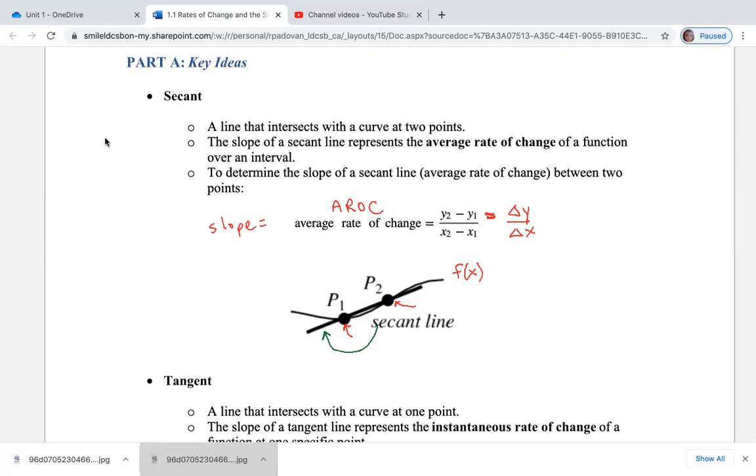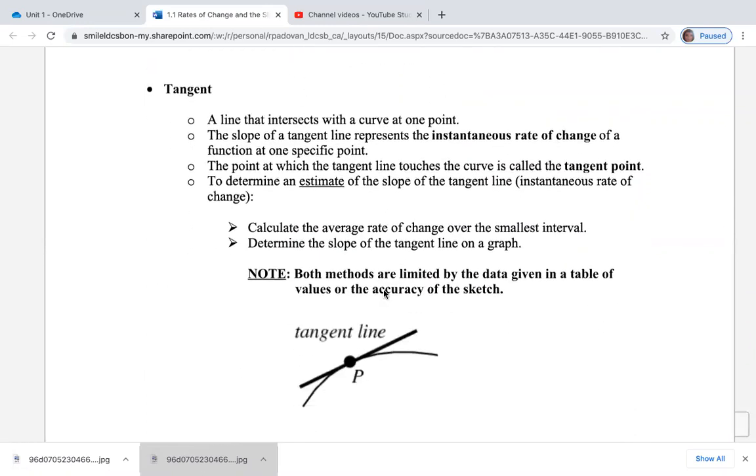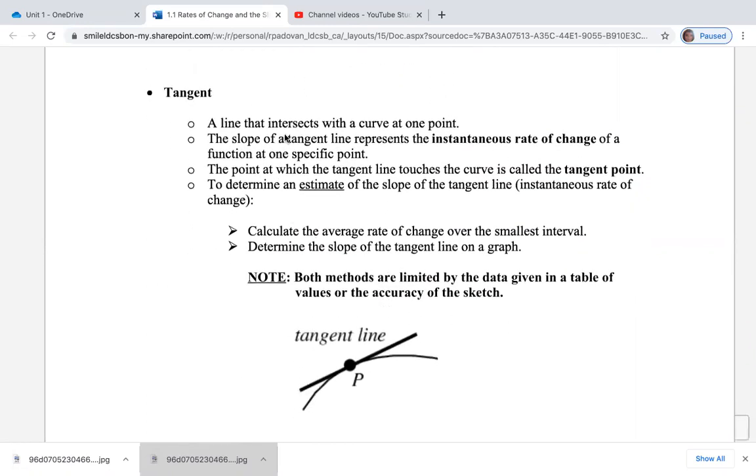Okay, so for my tangent line, a tangent is a line that intersects with a curve, but only at 1 point. You can see only 1 point here in the example.